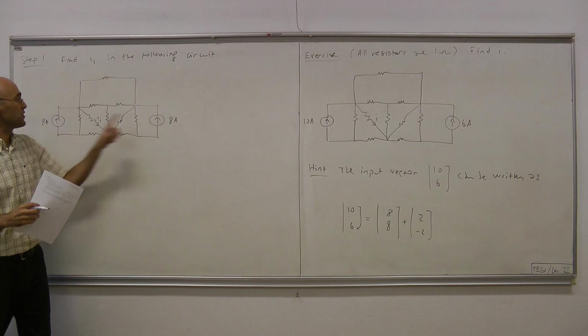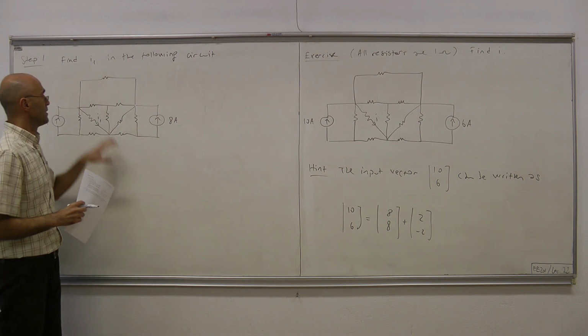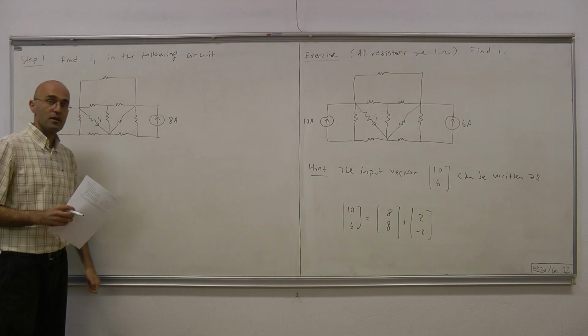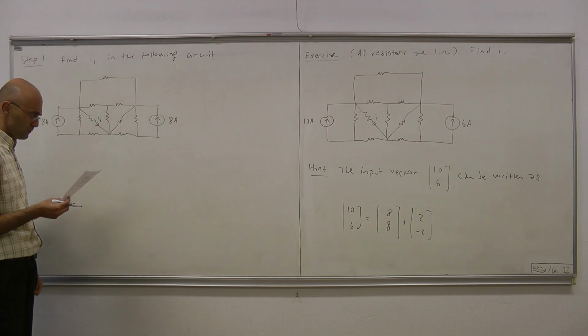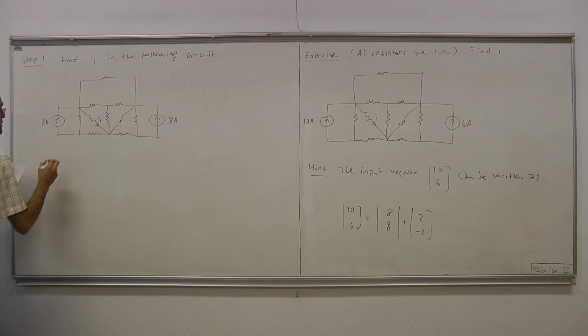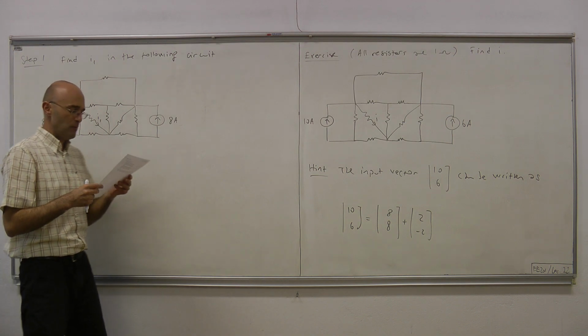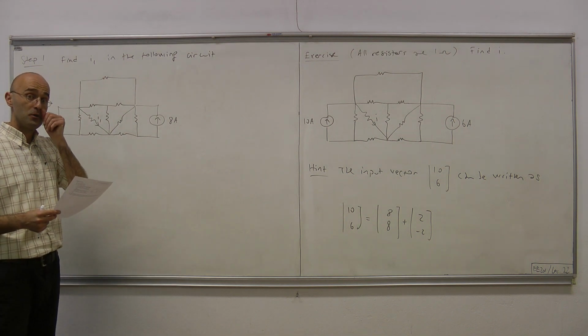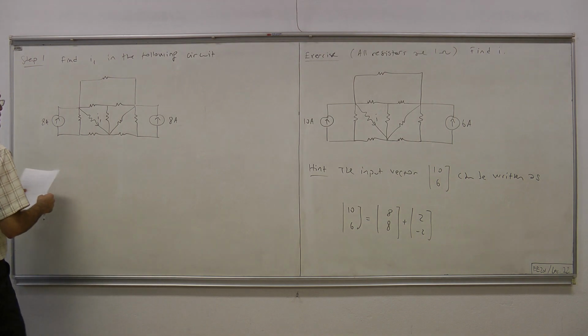Note that with this particular input vector, the circuit now is completely symmetric with respect to the vertical axis. Okay, now that's I1. Now to use symmetry, let's make a little modification on how we draw the circuit, but still it's the same circuit, therefore we can use this equivalent sign.